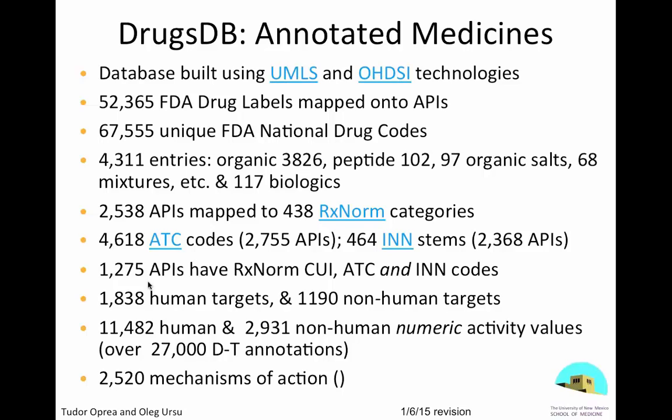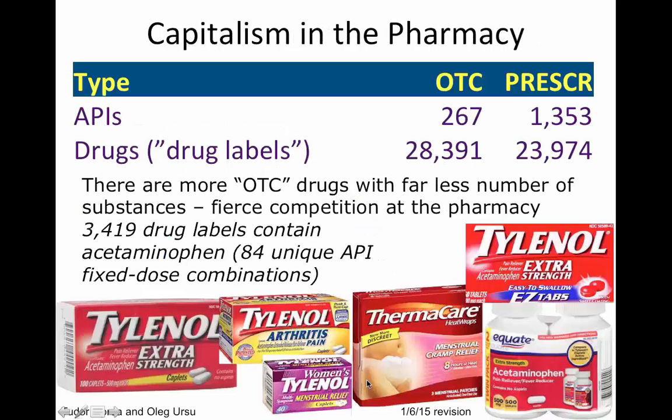And then this is the number of targets that we track for these drugs, as well as numeric activities and mechanism of action. So the mechanism of action, I'll tell you about that in a second, but I thought that would be the segue. This is actually an interesting problem, capitalism in the pharmacy. There's a huge gap, roughly 5 to 1, between over-the-counter medicines and prescription drugs.